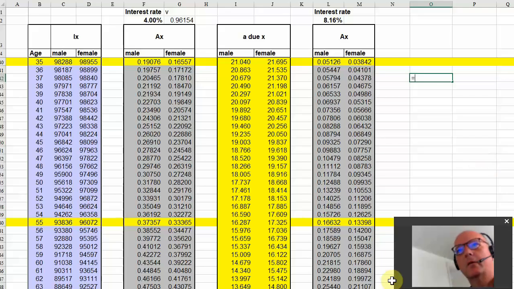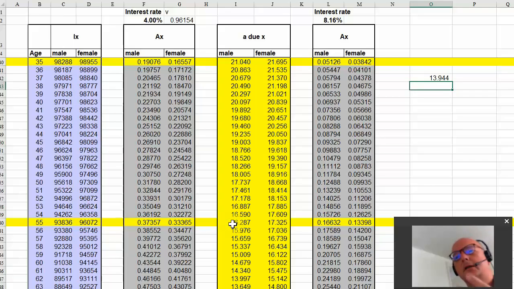So we're going to be doing it at 4% interest, so we're going to have A35, so that's an assurance, A35 minus L55 over L35 times 1 over 1.04 to the power of 20 times that.